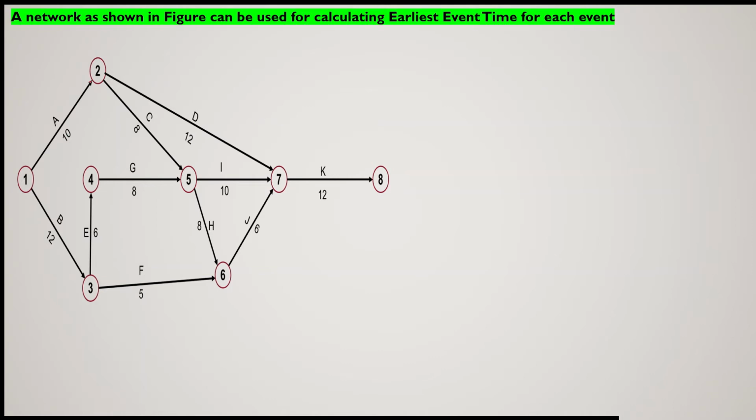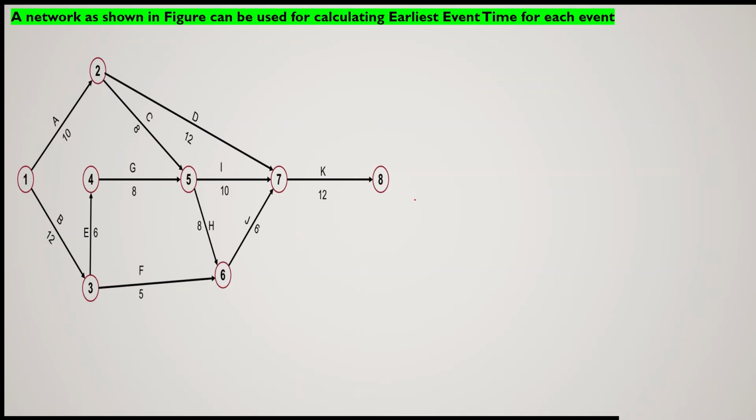Now here, event number 1 and event number 2 are connected by an arrow, that is activity A, and the duration of this activity is 10. Similarly, the activity connecting events 1 and 3 is activity B, having duration 12. And similarly, all the other activities are connected by various events.